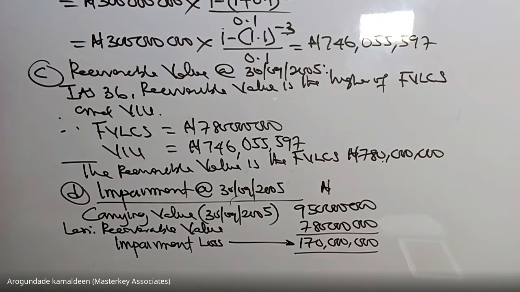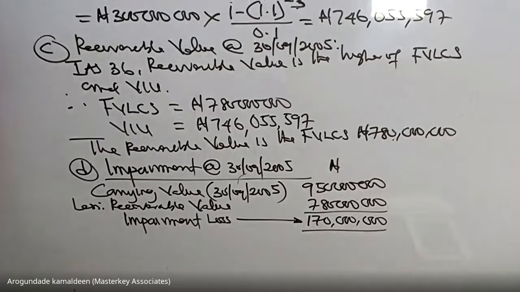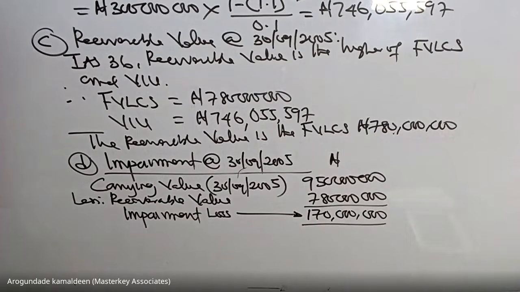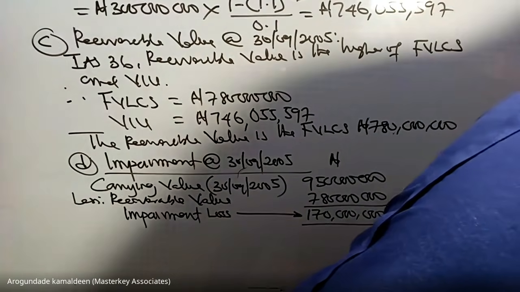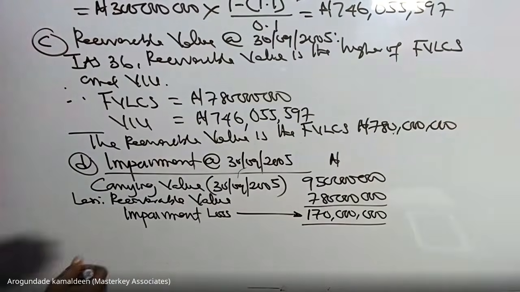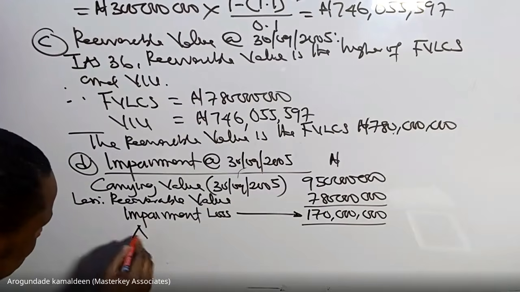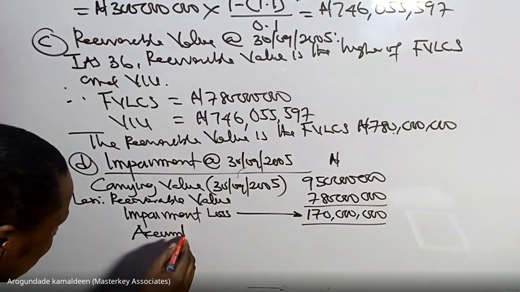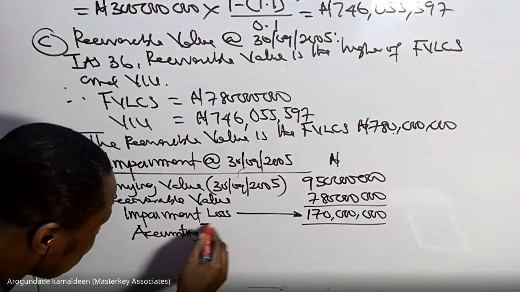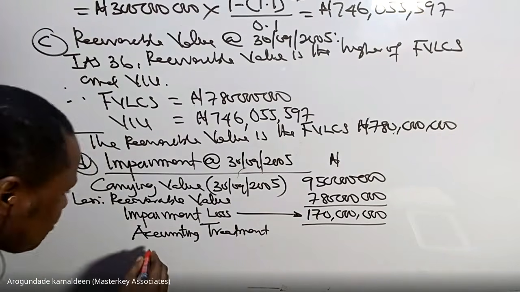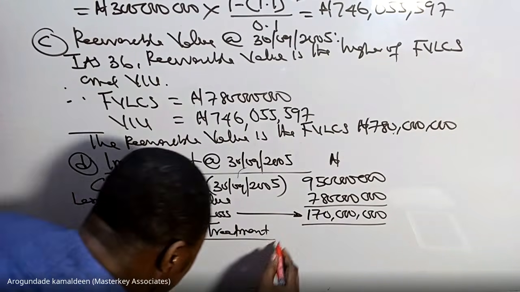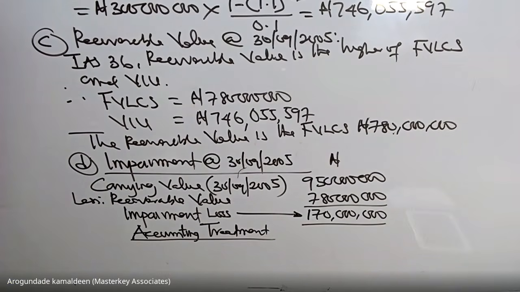So now the accounting treatment for this impairment. What am I going to do, class, to this impairment?